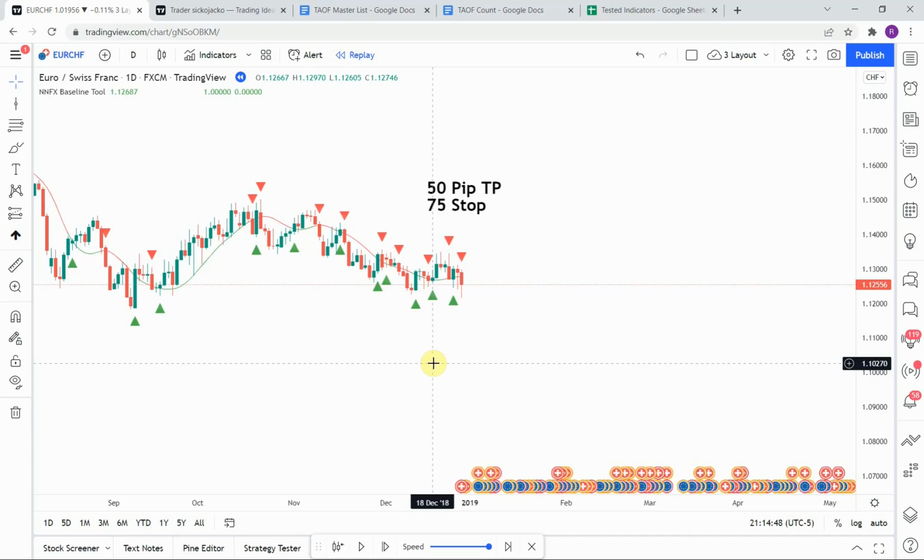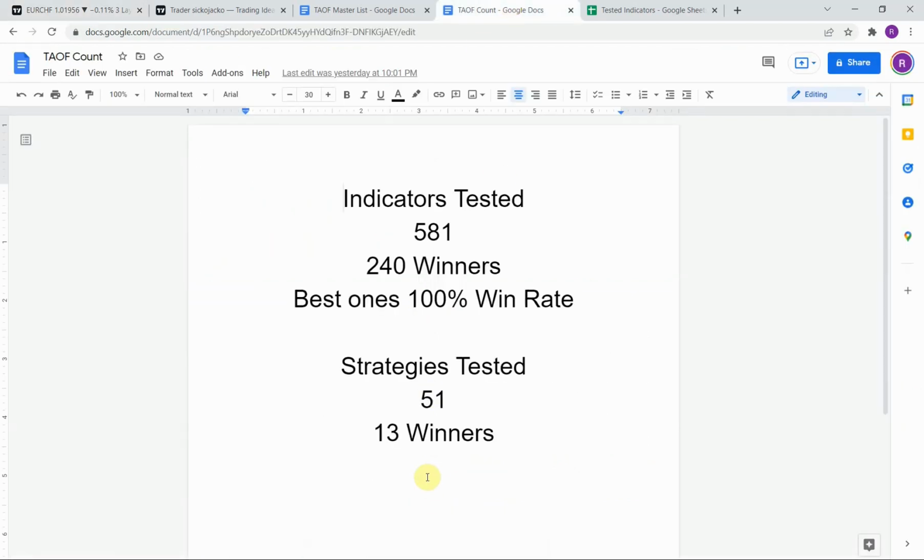Alright, as I said, today we will be testing the NNFX baseline tool. Before we do though, I wanted to put the testing scoreboard up for everyone to see. So to date, we have tested a total of 51 different strategies, with 13 of them being profitable. We've also tested a total of 581 indicators, with 240 of them being winners.